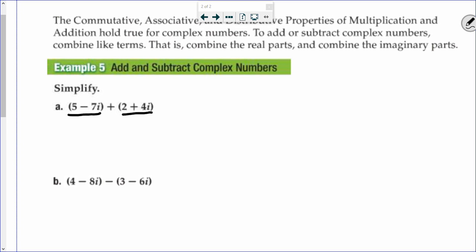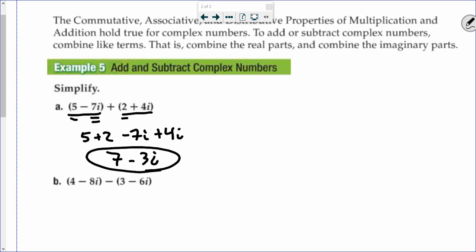Again, combine the real parts. So, 5 plus 2. Okay. Combine the imaginary parts, negative 7i plus positive 4i. 5 plus 2 is 7. Negative 7i plus 4i, that's negative 3i. So that is how we add complex numbers.